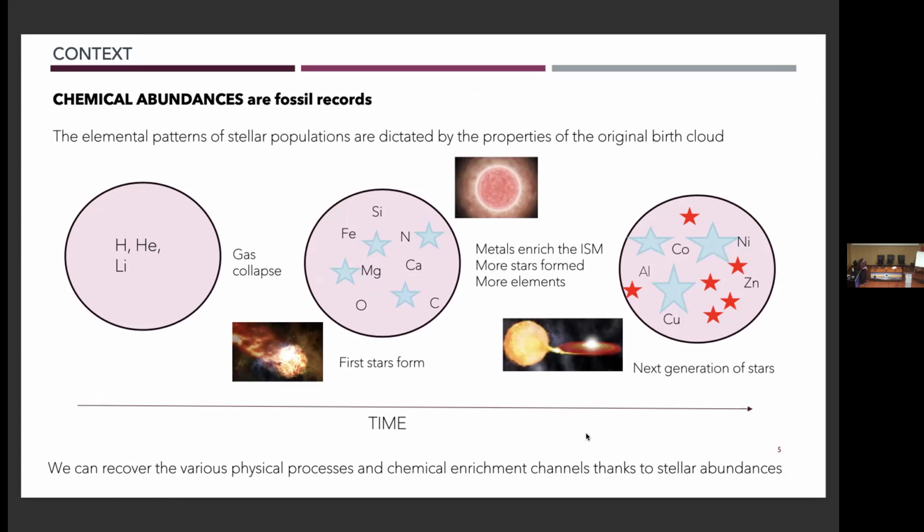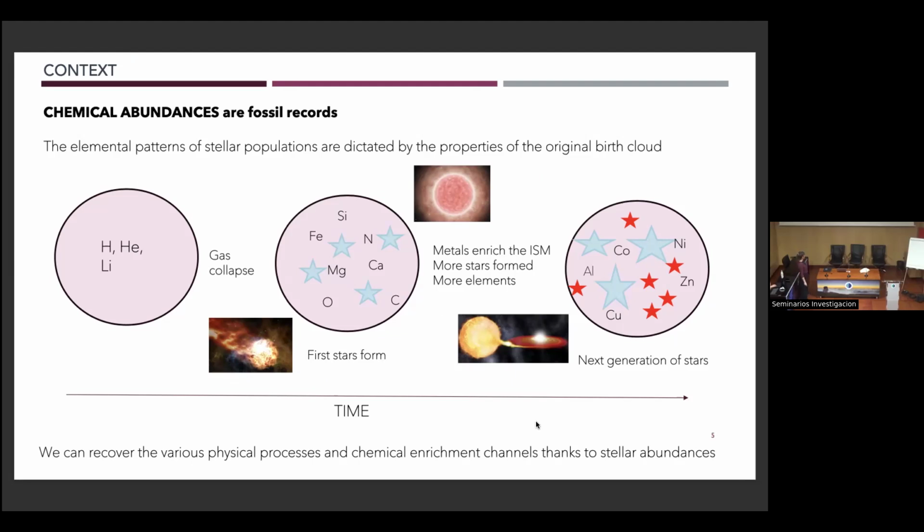So we know that after the Big Bang, we basically had only light elements. And from this primordial gas composition, the first stars formed. These were very massive. They exploded on a very short time scale, so we cannot look at them. But what we can do is try to reconstruct through chemistry, looking back in time, because when the stars exploded, they ejected into the interstellar medium the elements that they had time to synthesize through nucleosynthesis processes.